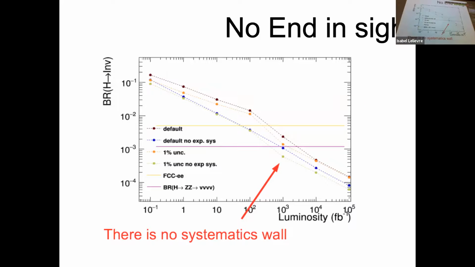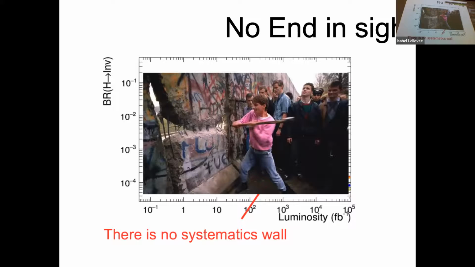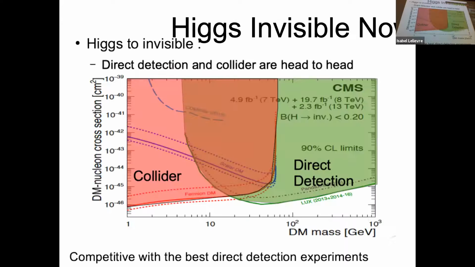So we can do projections with the future experiment. And this is for Higgs to invisible. And so at the LHC we're able to get to 1%, right? With the 100 TeV machine, we can get to 10^-4, right? And just to show you what this means in terms of direct detection, yes, so there's no systematics wall.